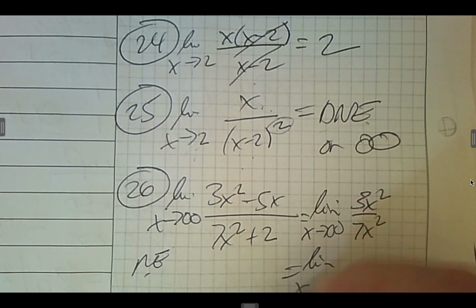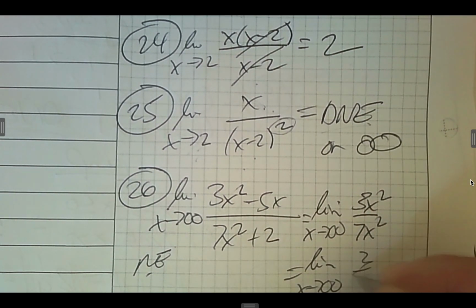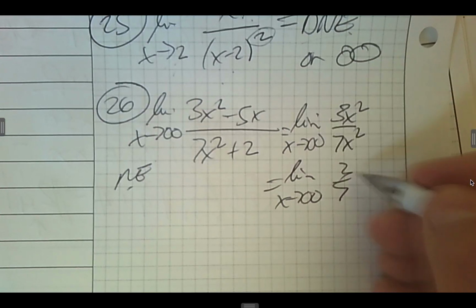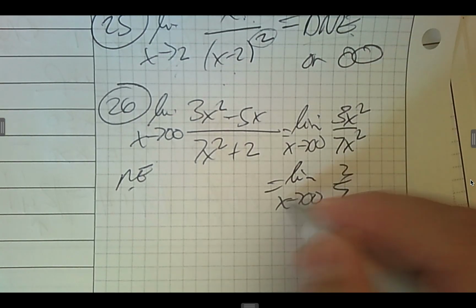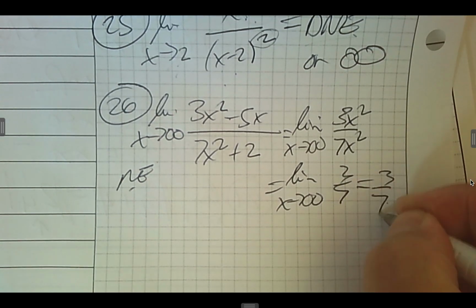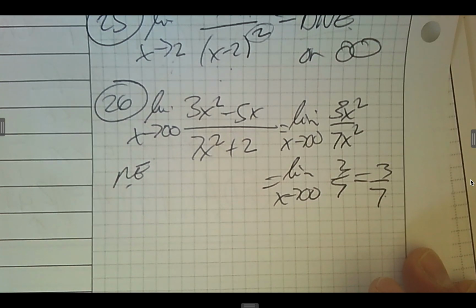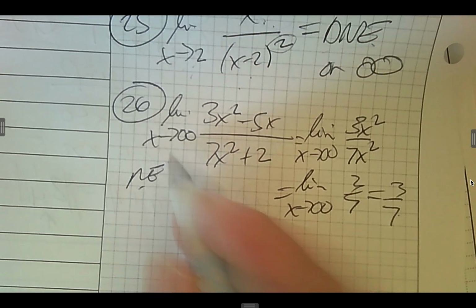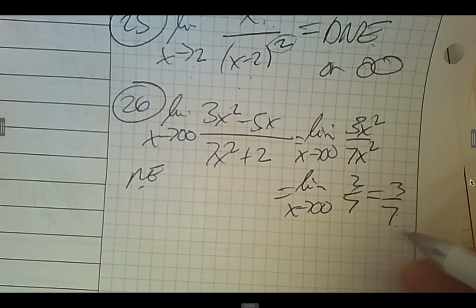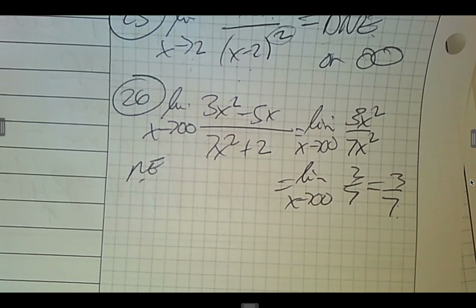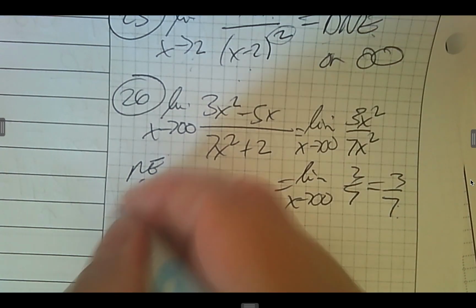That simplifies to just 3 over 7. And because it's a constant, the right and the left end both go to that number, 3 over 7. Done. So even if it said the left end, you'd still have the same answer. This is another way of understanding there's a horizontal asymptote. See, the horizontal asymptote is like a limit, and it gives you the end behavior.